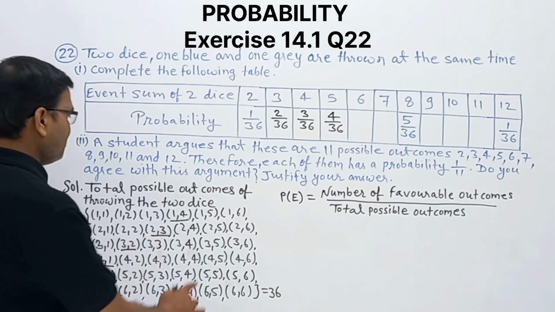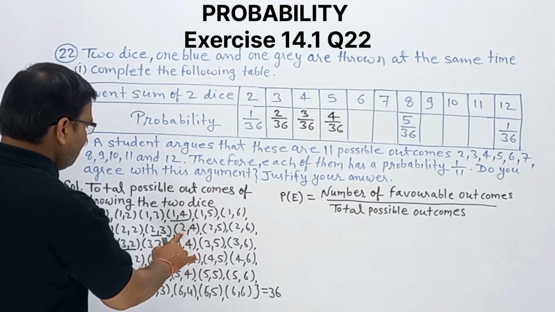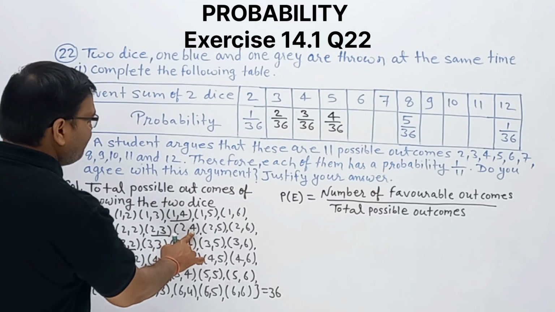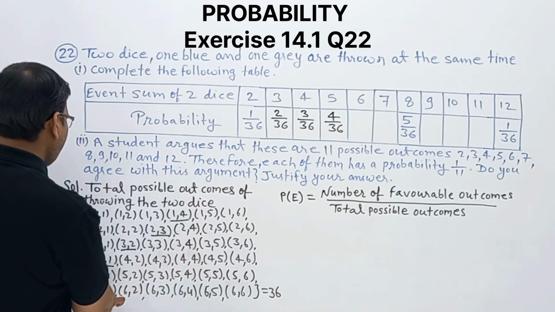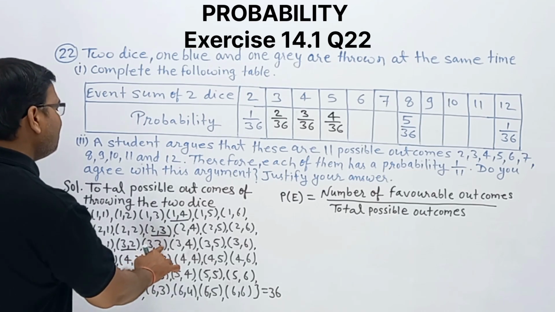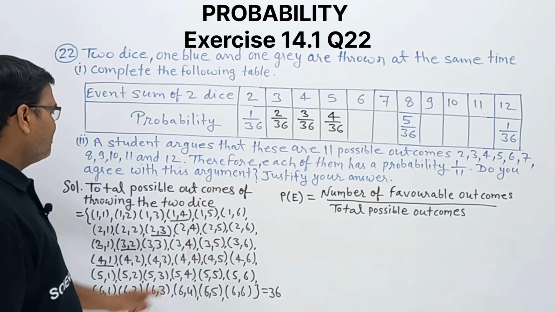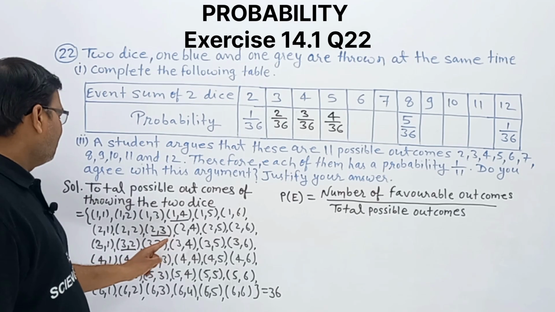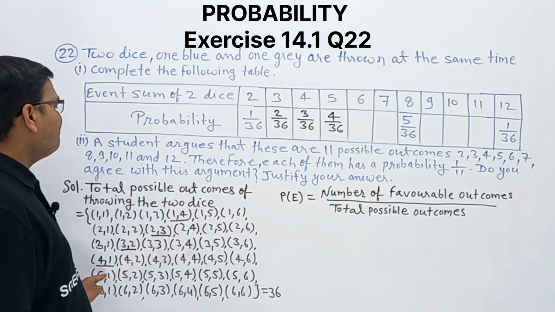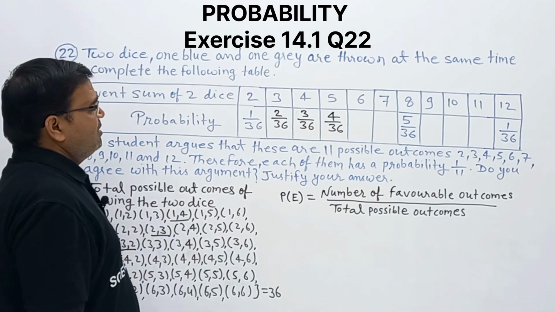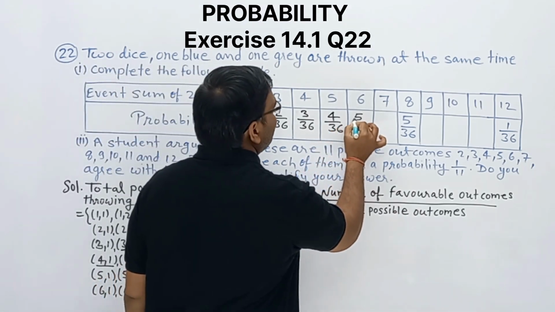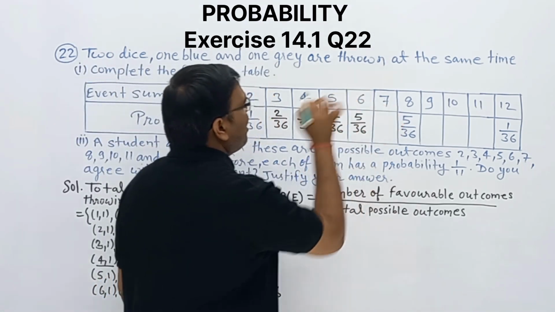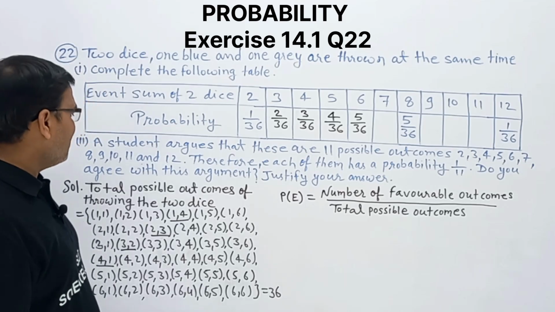These outcomes: 1 comma 5, 2 comma 4, 3 comma 3, 4 comma 2, and 5 comma 1. These 5 outcomes have sum 6. So the number of favorable outcomes is 5 divided by 36.